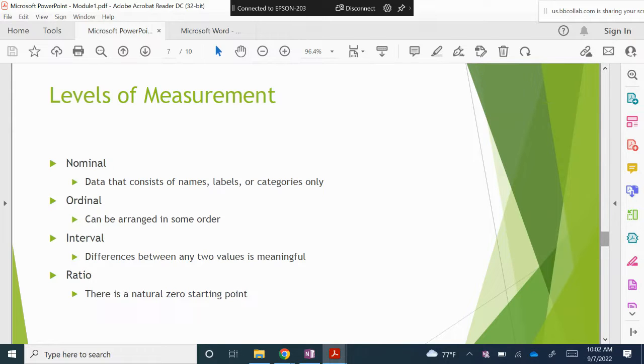For interval data, the difference between any 2 values is meaningful. I'll let you think about that one. There is no true zero for interval data. And then for ratio data, there is a natural zero or a starting point.